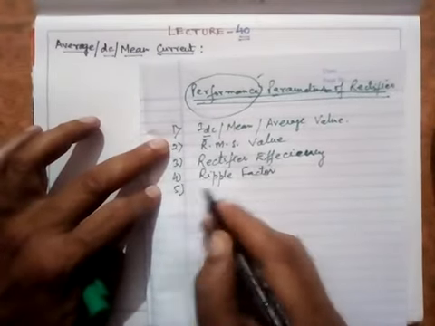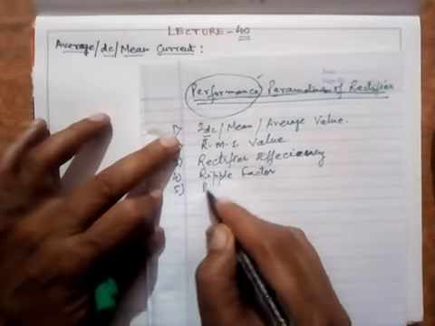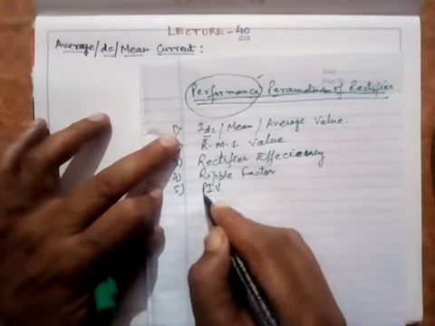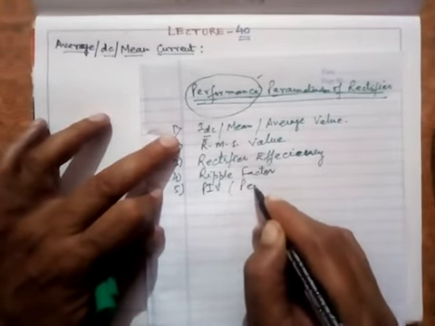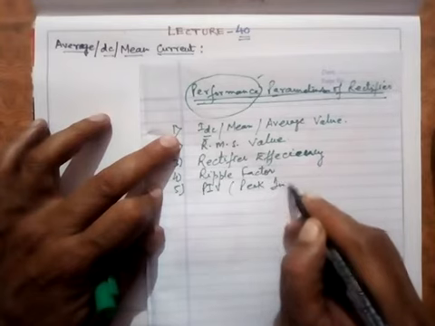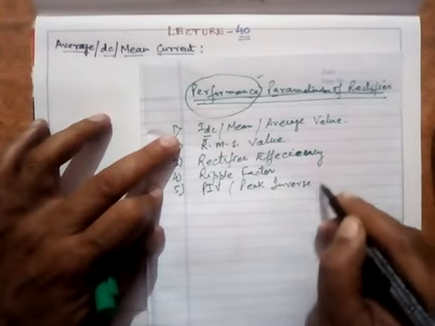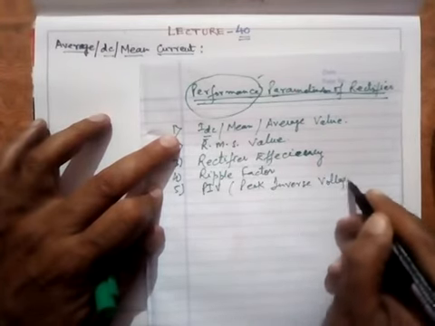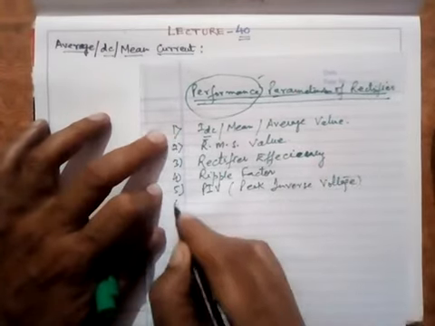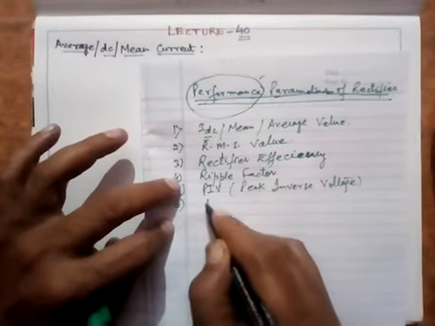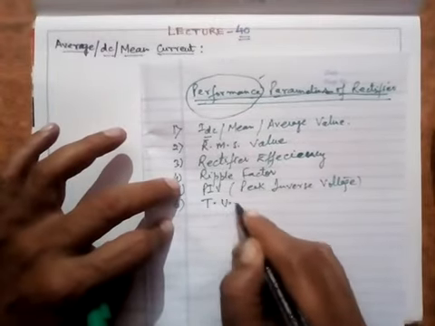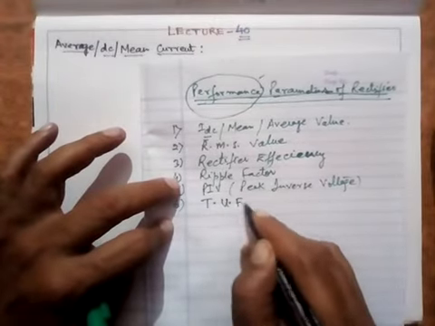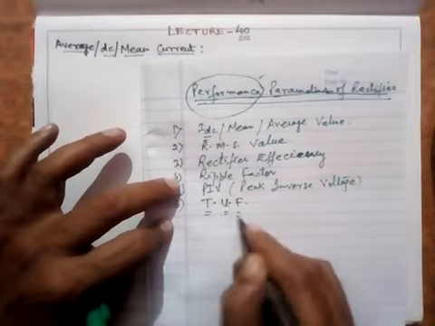And one more point we'll discuss, that is called PIV. This PIV stands for peak inverse voltage. And one more parameter that we'll discuss is called TUF, that stands for transformer utilization factors.